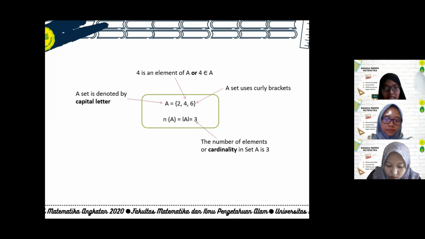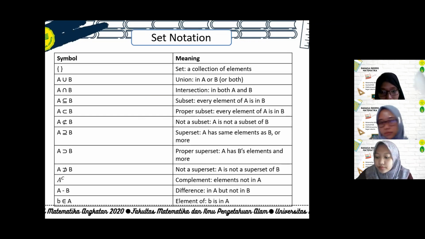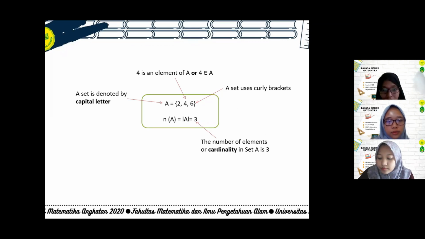For a collection of elements, use curly brackets. This symbol is the number of elements, or cardinality. The cardinality of set A is 3, so set A has 3 elements.